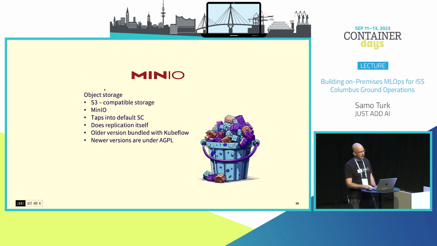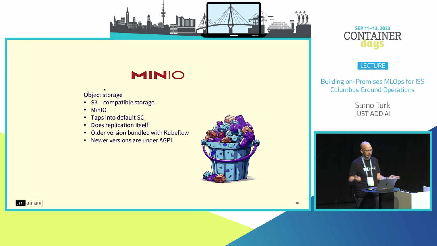The next one was taking care of S3 type of storage, so object storage, because this is something that Kubeflow needs. Kubeflow comes with MinIO, an S3 type of storage, out of the box, but that version is quite old, because MinIO changed the license in between.